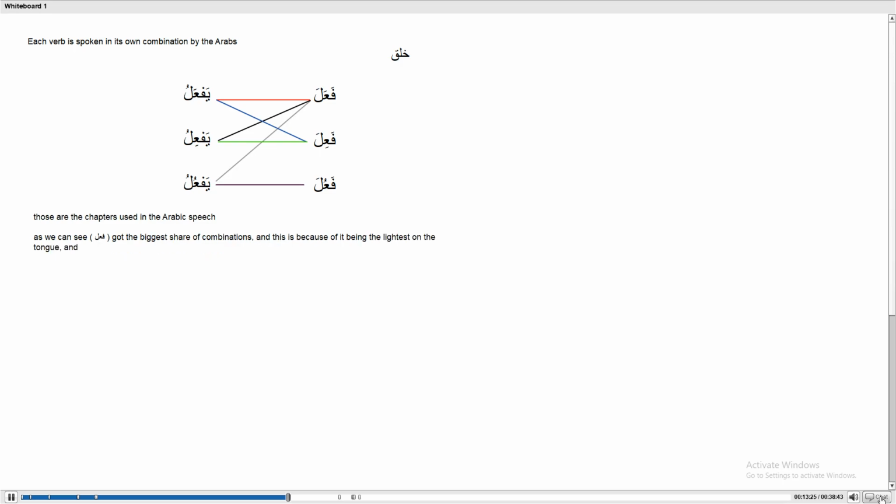And whatever is lighter is used more, because the Arabs seek lightness in speech.